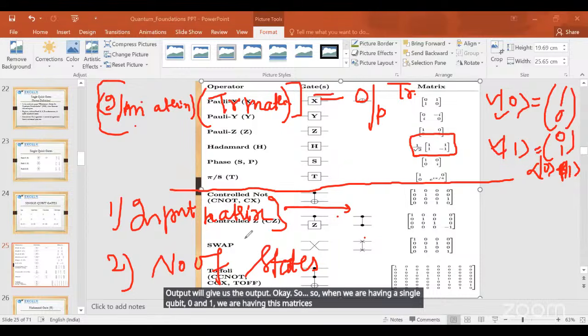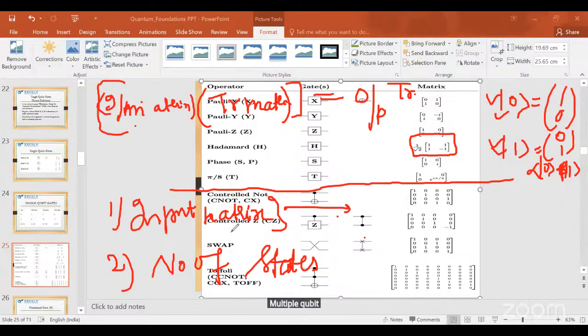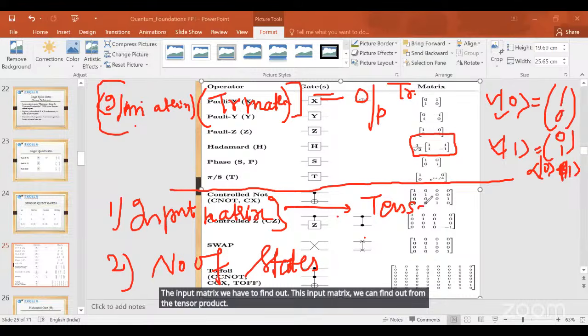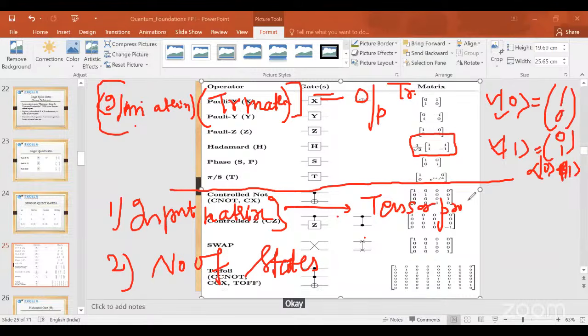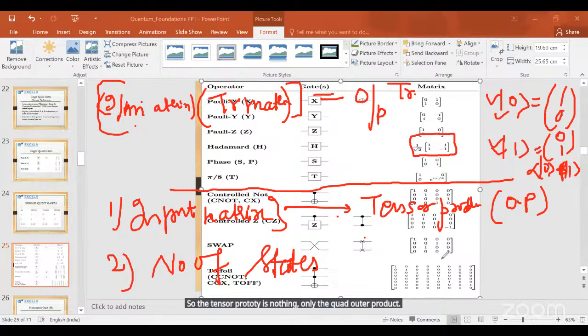But when we go on to multiple qubit gates, we have to find out the input matrix. This input matrix we can find from the tensor product. The tensor product is nothing but the outer product.